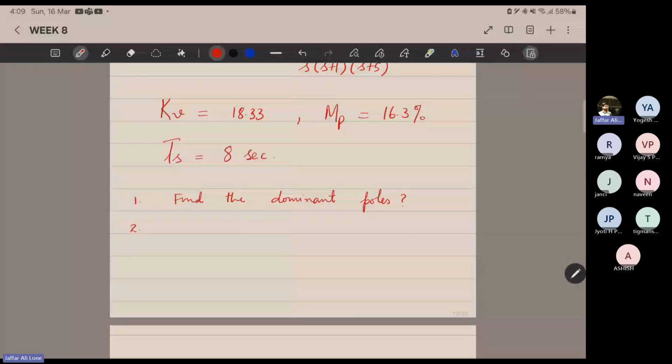Question number 2 is, again, find the K. Question number 3 is, find KV uncompensated.